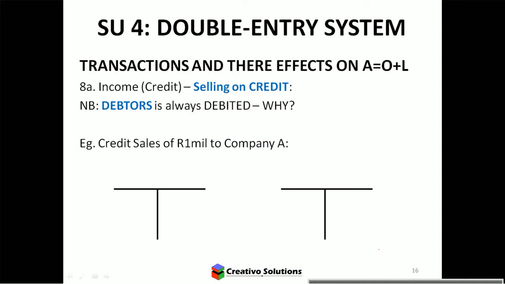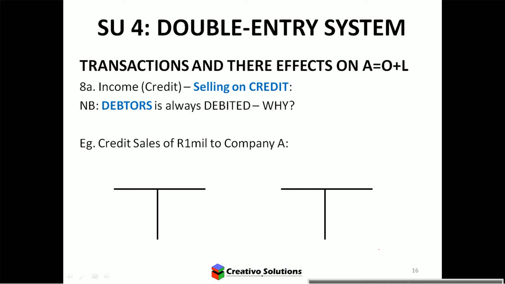Income, credit. Selling on credit. Debtors is increasing. Why?